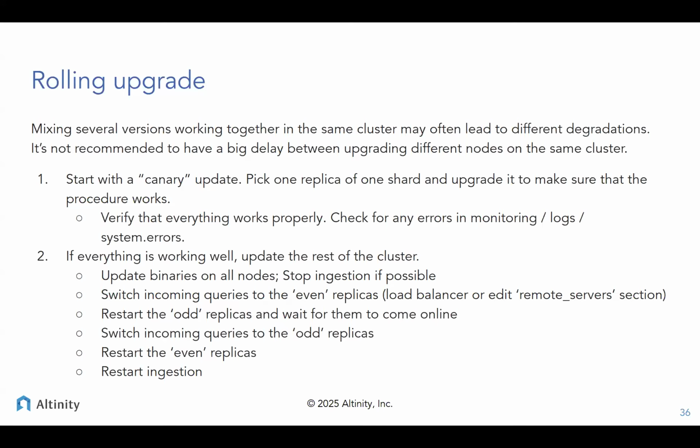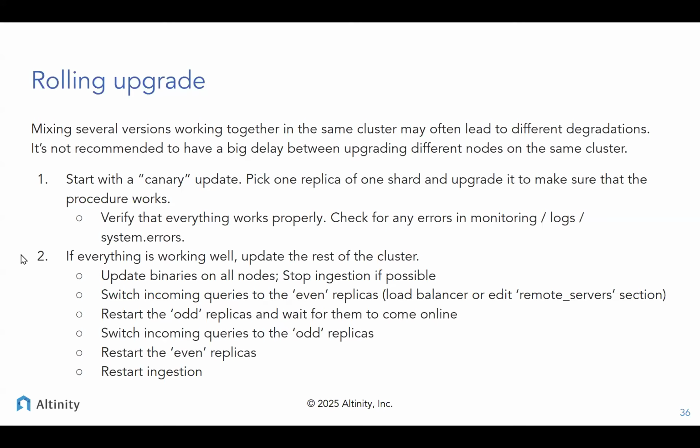There are some cases when they really change the structure of metadata, and if you try to upgrade from 2020 to 2025, you probably will not be able to do that. But that's very rare, when you cannot upgrade from an older version.